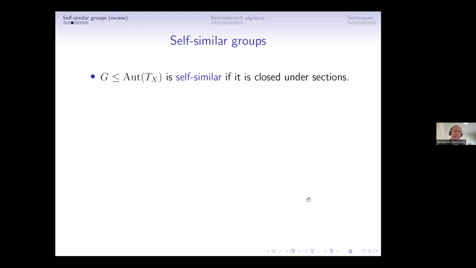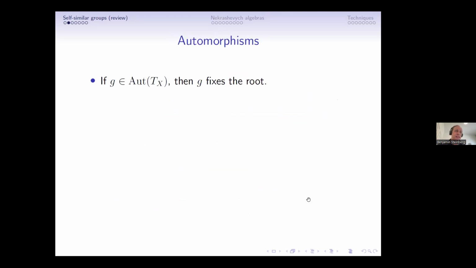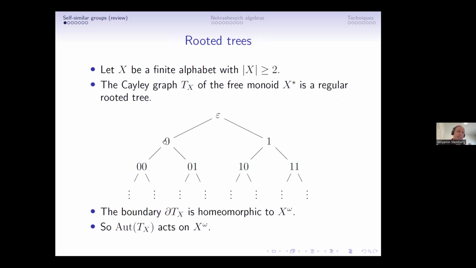So what this means is, when you act, maybe I'll go back to the picture. Our element of our group might take this tree to that tree. But if we don't put any restrictions, the isomorphism between this subtree and that subtree, under our canonical identifications, might not belong to our group G. And the group is self-similar if all the actions you see on these subtrees are given by elements of the group.